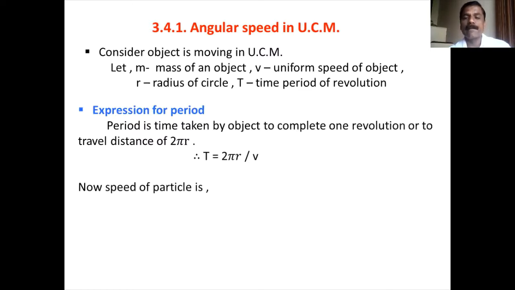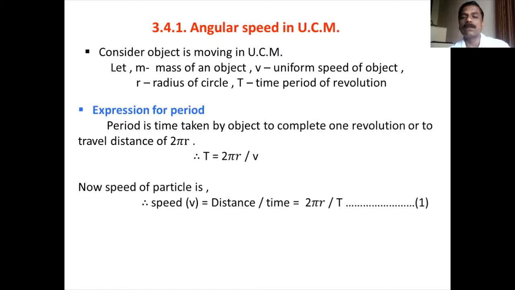Now we can make the equation for the speed of the particle. We can change this equation by taking v on the left hand side. So v is equal to 2 pi r divided by T. You will get this is the expression for the speed, or we can say this is an expression for the velocity.